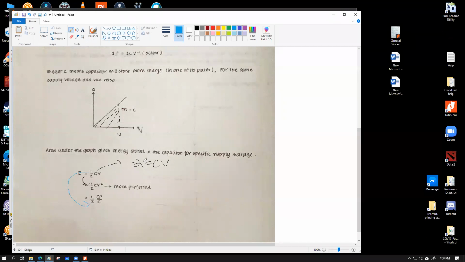So if we make V the subject from this equation, what is going to be the value for V? V equals Q by C, right? So if you replace V over here, you're going to get half Q into Q by C. So that's replacing V. So you're going to get half Q squared by C.